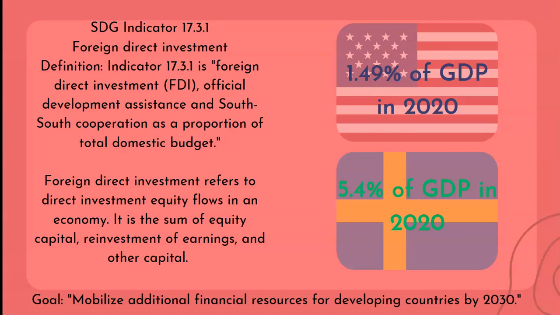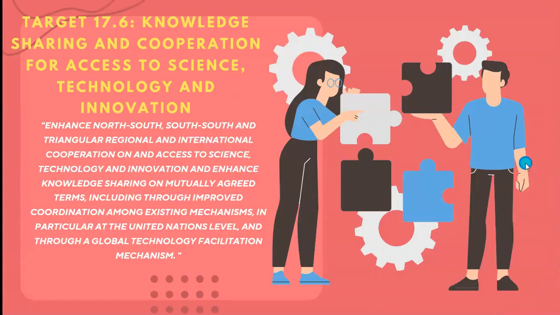The goal is again to mobilize additional financial resources for developing countries by 2030, which would refer to direct investment equity flows in an economy, so the sum of equity, capital, reinvestment of earnings, and other capital. Right now, again, Sweden is leading very far ahead with 5.4% of GDP in 2020, and the US trailing behind with 1.49% of GDP in 2020.